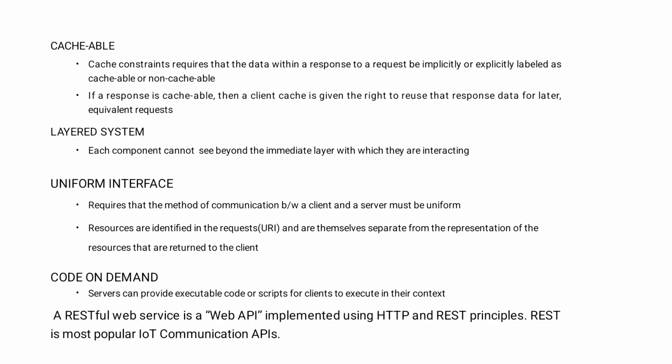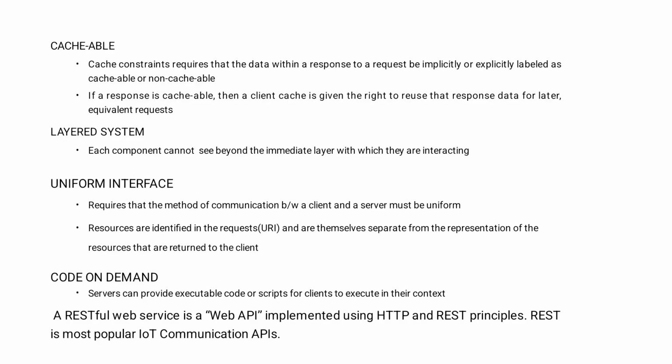Cacheable: the cache constraint requires that the data within the response to the request be implicitly or explicitly labeled as cacheable or non-cacheable. If the response is cacheable, then the client cache is given the right to reuse that response data for later equivalent requests. Layered system: each component cannot see beyond the immediate layer with which they are interacting.